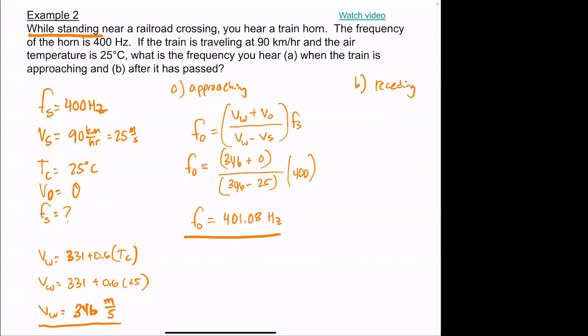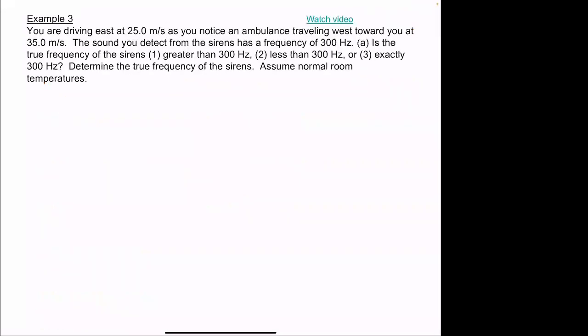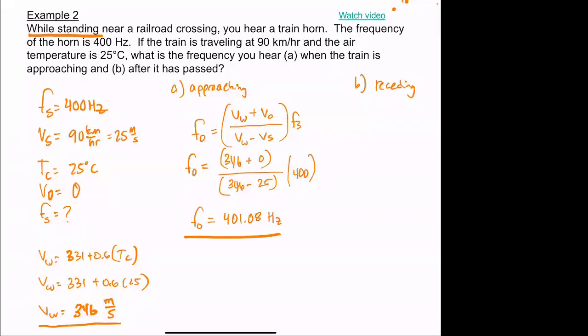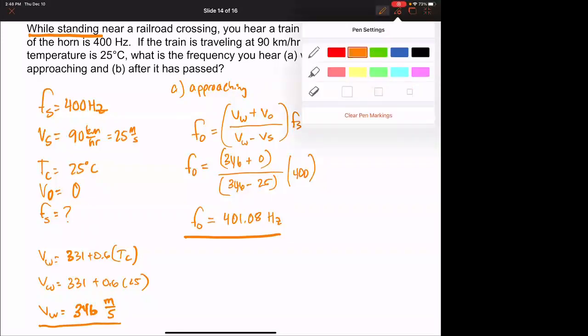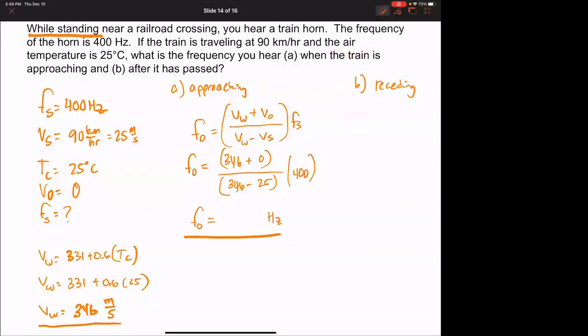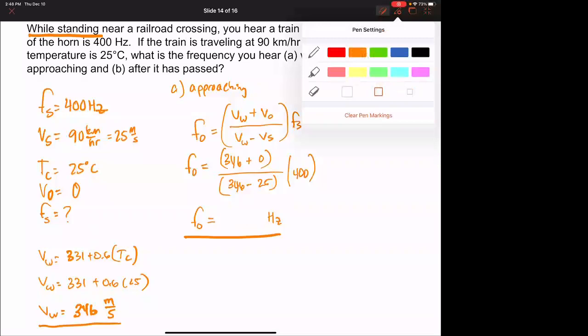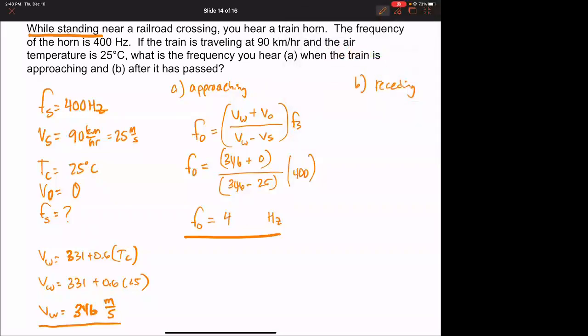I don't know why I did that again. Made that mistake there. 431.15 is the correct answer.